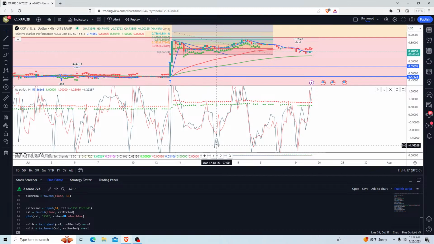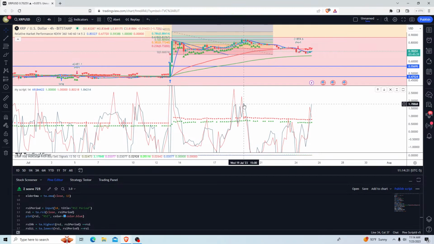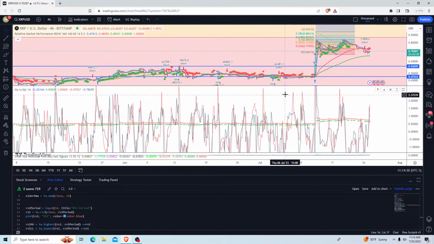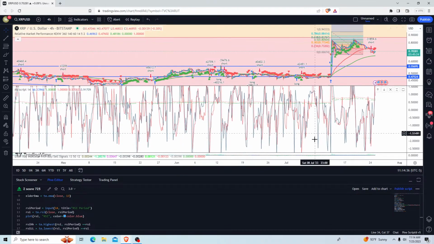So how about whenever the gray hits -2, we buy, and when the red hits +2, we sell.